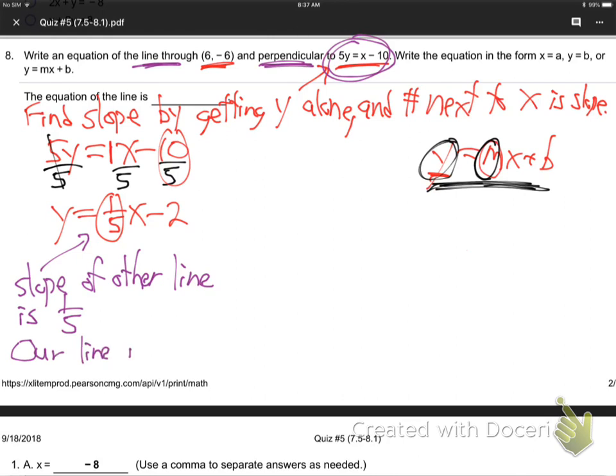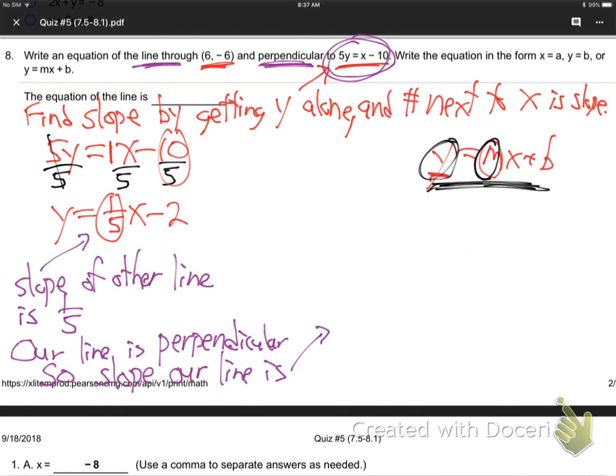Our line is perpendicular. So what does that mean, perpendicular? The slope of our line is two things.